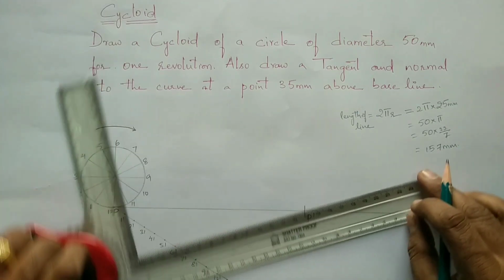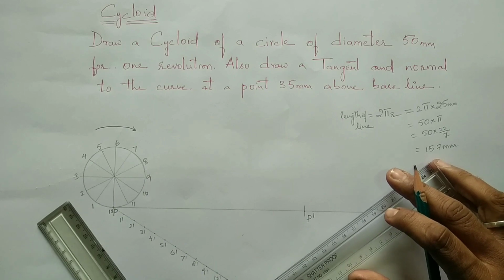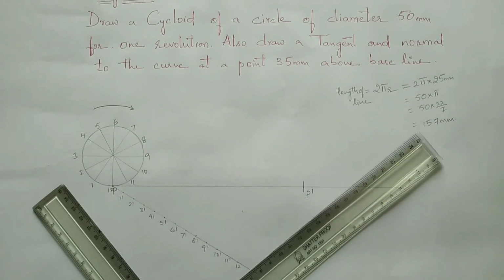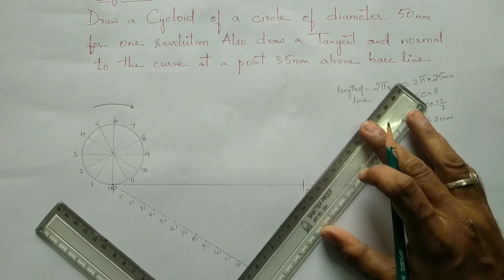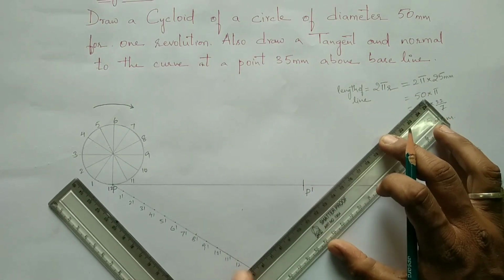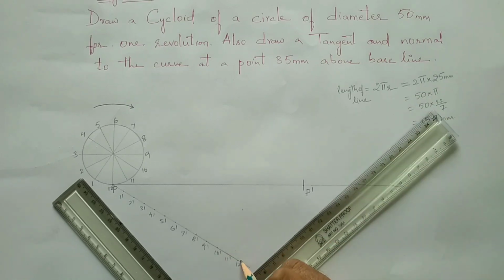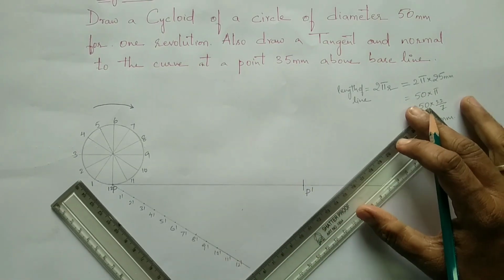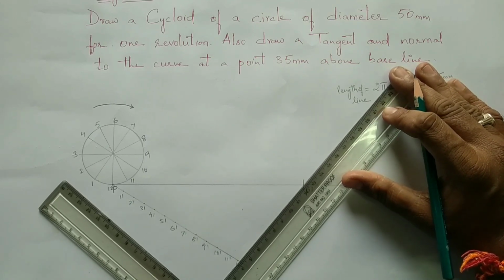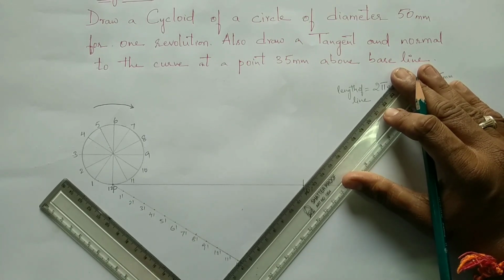Now, from the point, keeping your drafter scale, join the two points, that is 12 dash and P dash, as shown in the video. Keep it in this manner.